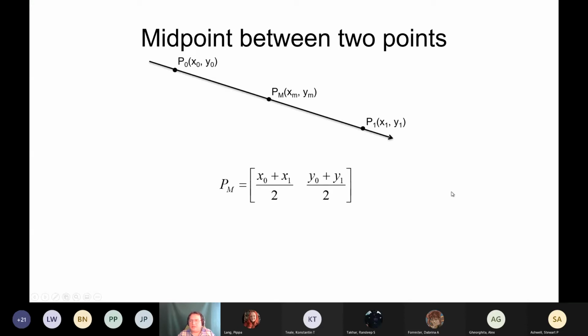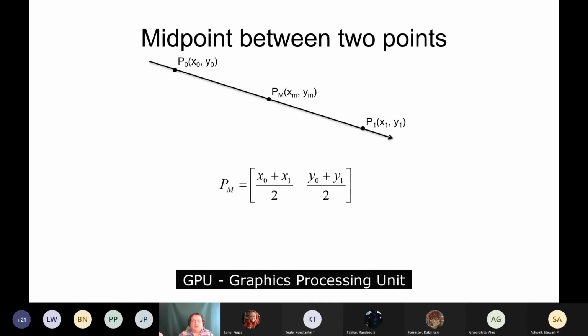But this is a very simple calculation in which, please note one thing, we do the same calculation on x's and the same calculations on y's, okay? Now think technically, if you do a similar calculation, let's say in a graphics card, okay?